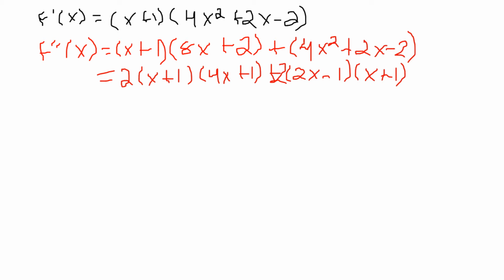So we get this 2 times x plus 1, and then times 4x plus 1 plus 2x minus 1.